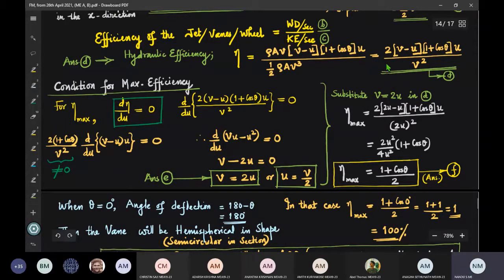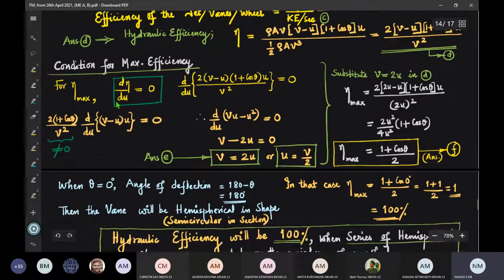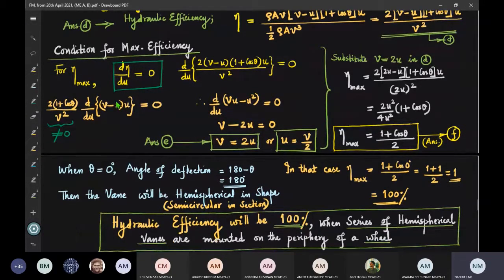But for a given velocity of the jet and for a given shape of the symmetrical curved vane, that is theta is defined, what could be the velocity of the plate or the tangential velocity of the wheel U, so that the efficiency is maximum? That is the next objective. So the condition for maximum efficiency: what is the relation between V and U in this case? That we will try to find out.